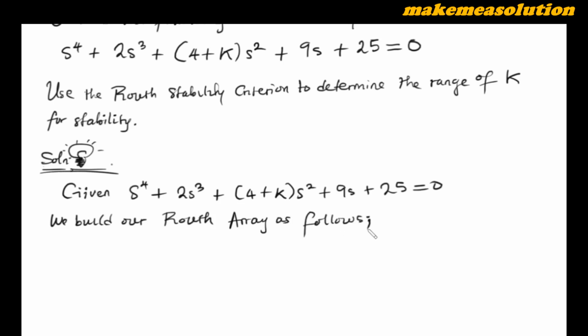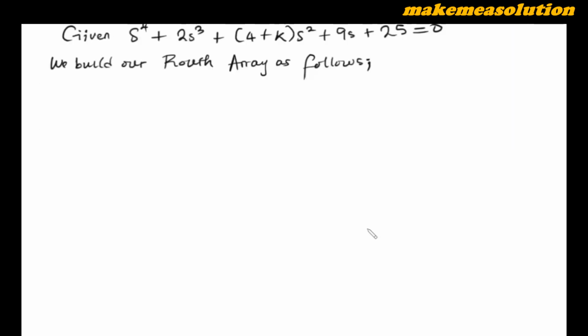So we are going to form the Routh array for this particular characteristic equation. So this is how it's going to be. I'll form my Routh array like this.